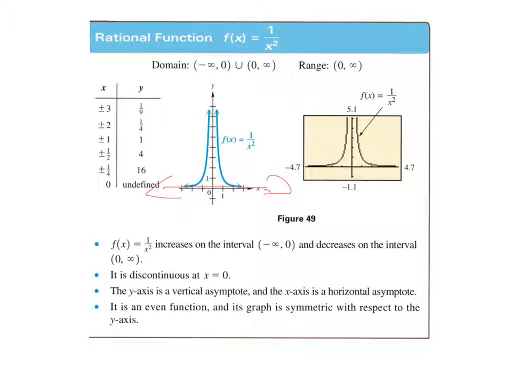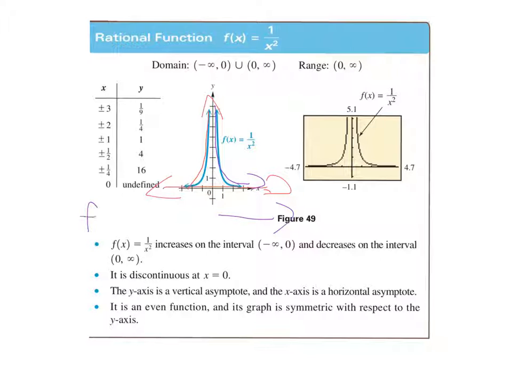Now, it says it's increasing on the left branch as you go from left to right, and as you go from 0 to the right, the y values get smaller, so it's decreasing on the positive x values.